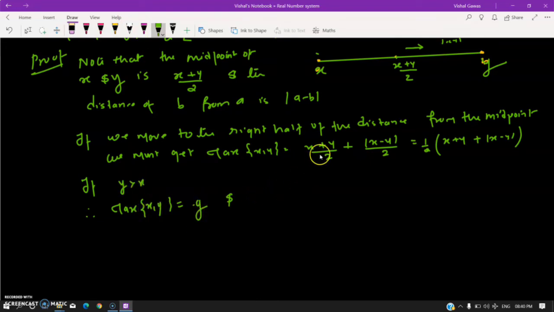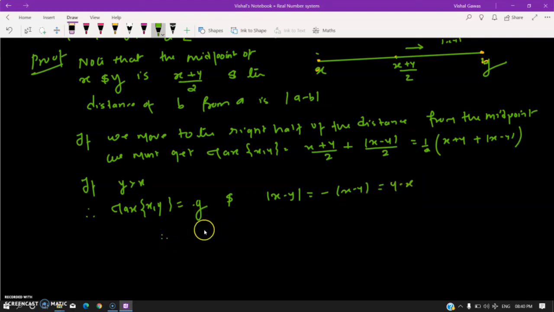And what happens to the formula? Let's look at this one. Since y is bigger than x, the modulus of x minus y would be negative of x minus y, which is nothing but y minus x. I'm more used to a and b, but anyway, it doesn't really matter.